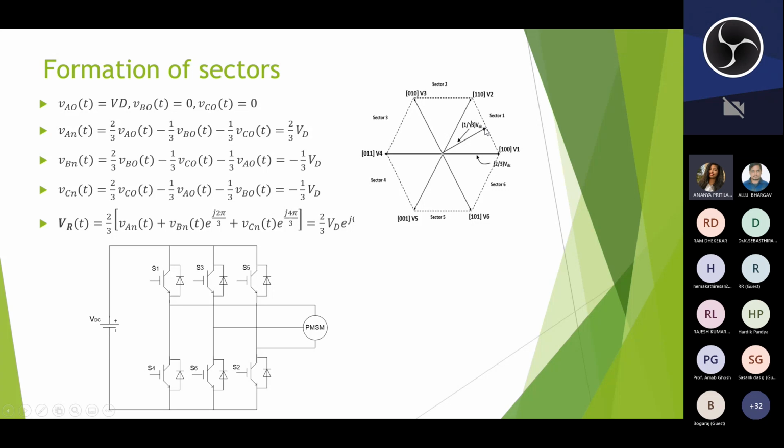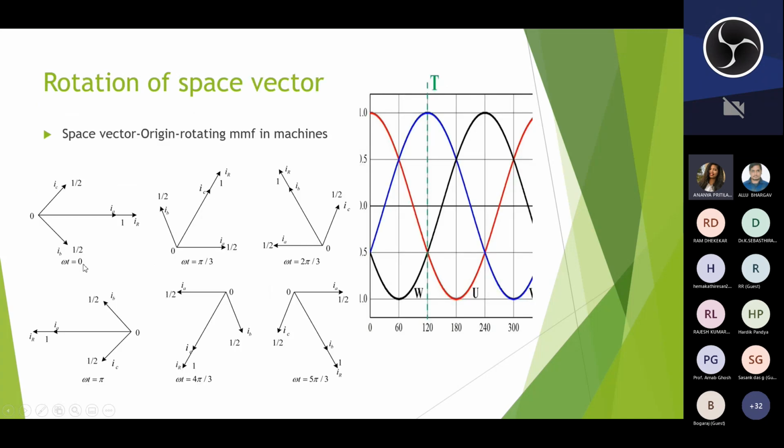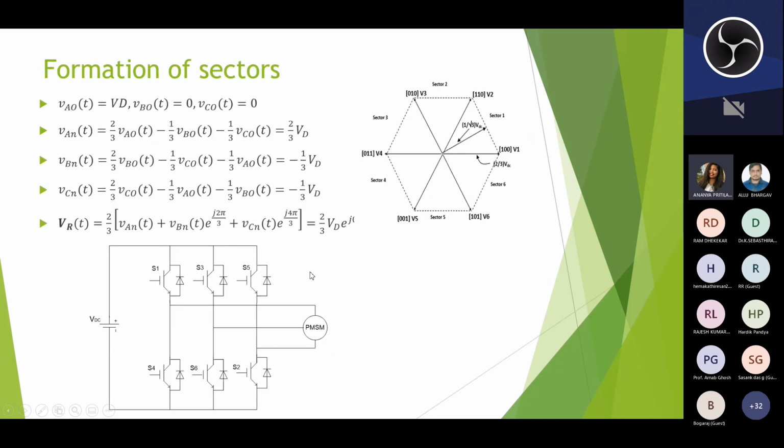As in the previous slide, I explained that from omega t equal to 0 to omega t equal to 5 pi by 3, it rotates in anti-clockwise direction. If we observe that rotation, it forms a hexagon.